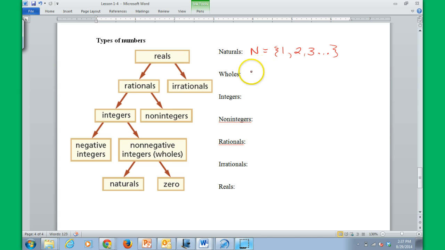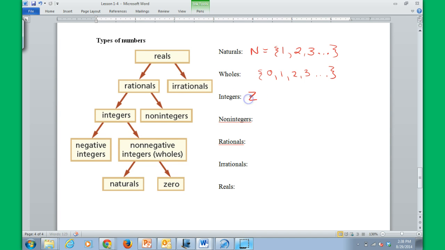A whole number is the same thing as a natural number, but there's only one difference. You have a 0 in it. So the 3 dots mean it goes on forever. An integer. What's different between an integer and a whole number? Anybody remember?